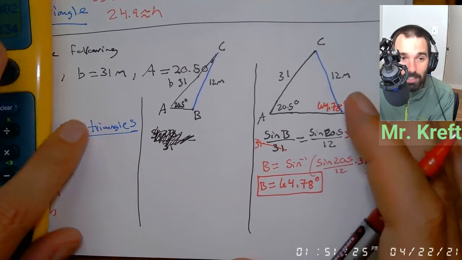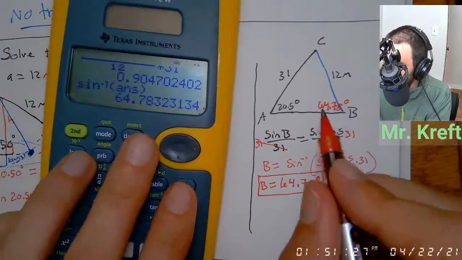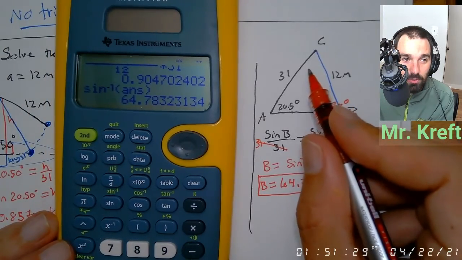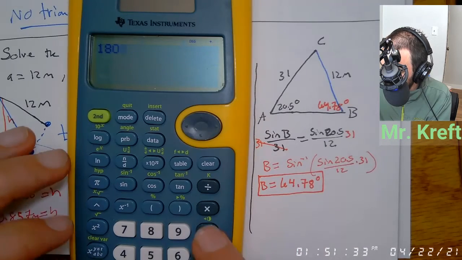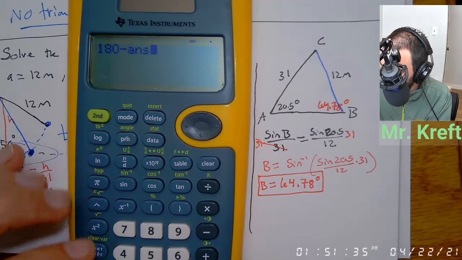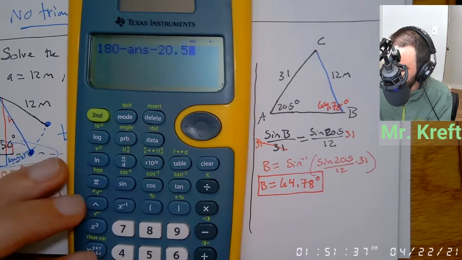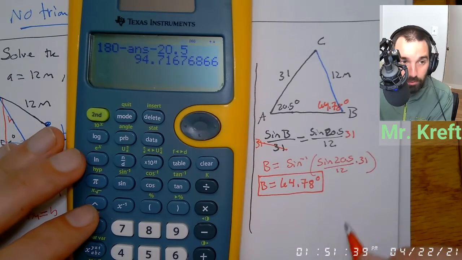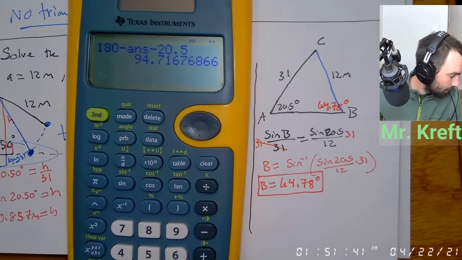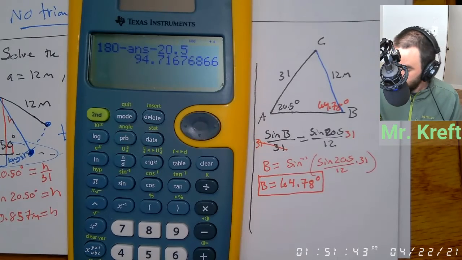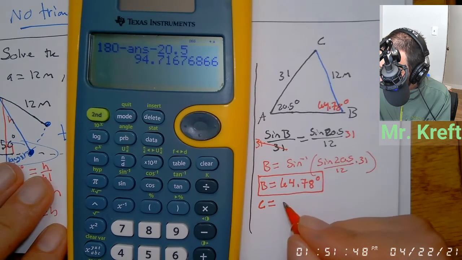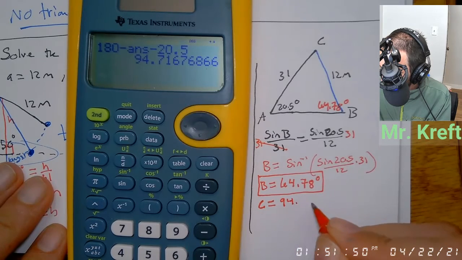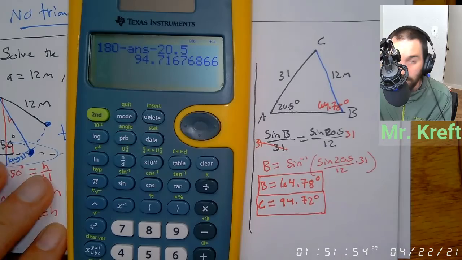So we got 2 more things to solve for, right? So the next easiest one is going to be angle C, right? So I'm going to go 180 minus my answer minus 20.5. So I get angle C is 94.72 degrees.